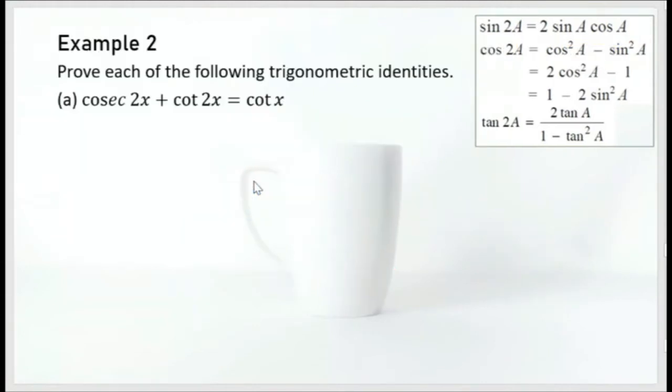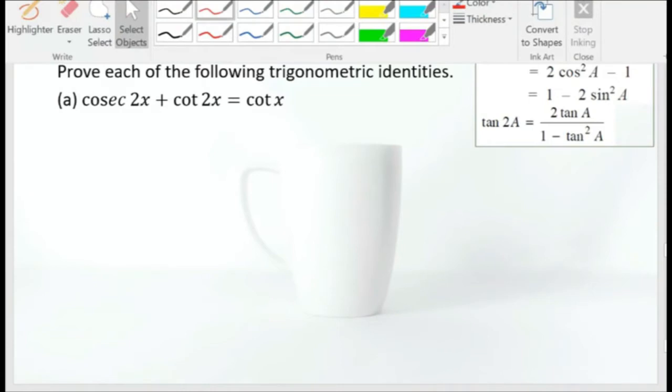Now we see a few more extra examples. Prove the following trigonometric identities. For A, we have to prove cosec 2x plus cot 2x equals cot x. How do we know? It involves the double angle.